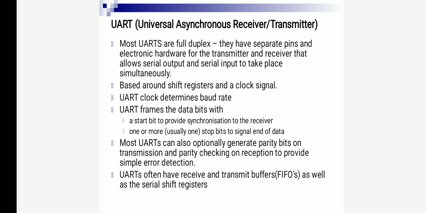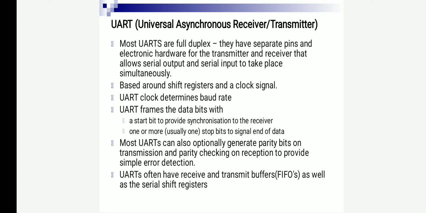Next point is, it is based around shift registers and a clock signal. So UART is based upon clock signals. The UART clock determines the baud rate. UART frames the data bits.